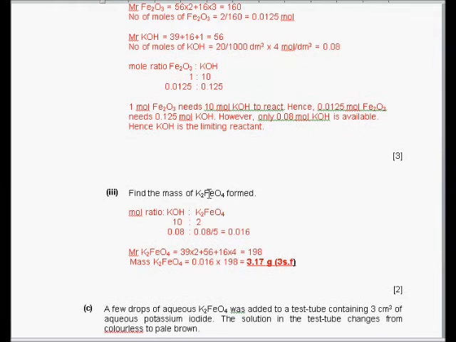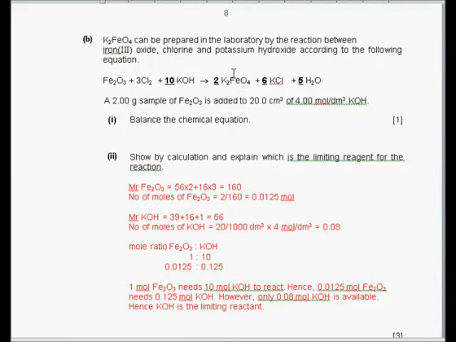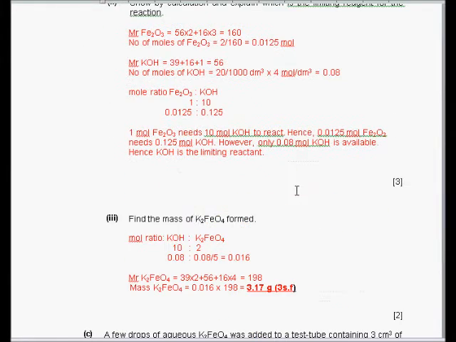Okay, find the mass of K2FeO4. Now, this K2FeO4 is the product. So the amount of product produced depends on the amount of limiting reactant, which means that in order to calculate the amount of product formed here, you have to look at the amount of limiting reactant, meaning that you only have to look at KOH and K2FeO4.